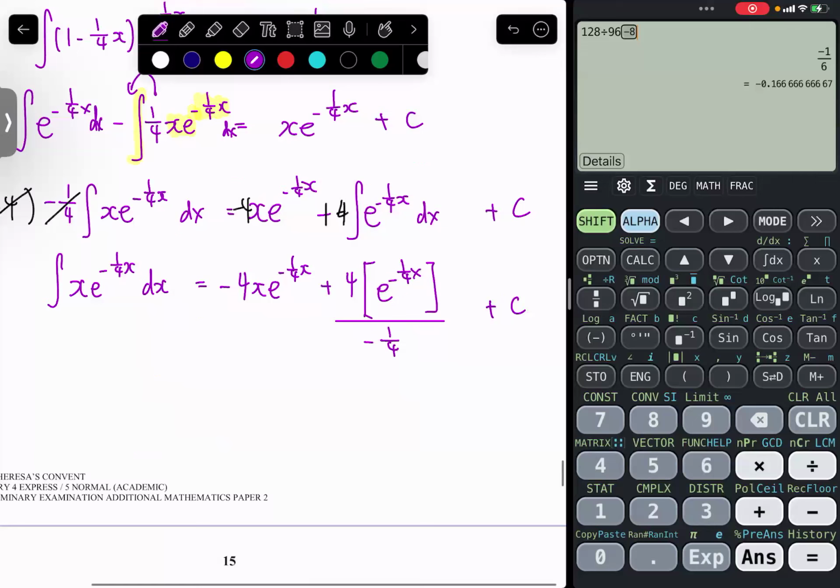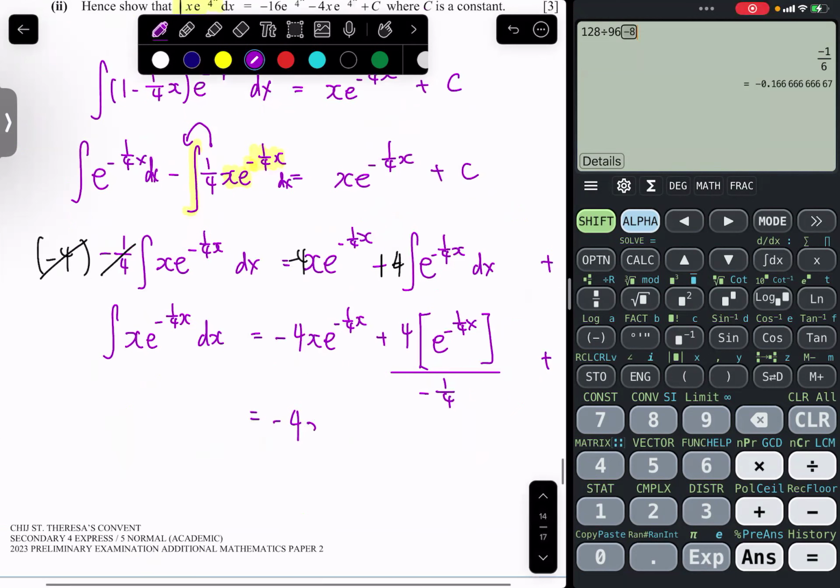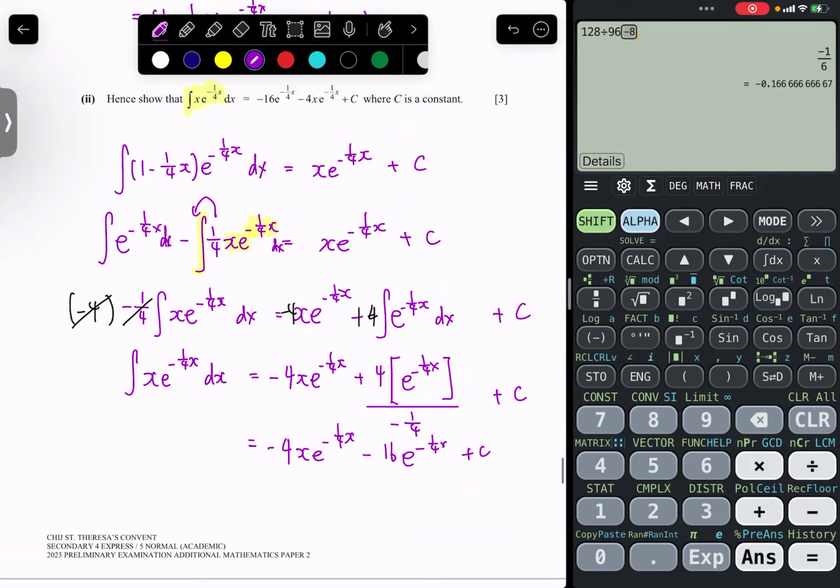So 4 divided by negative 1/4 gives negative 4x e^(-1/4 x) minus 16 e^(-1/4 x) plus c, which we can arrange into negative 16 e^(-1/4 x) minus 4x e^(-1/4 x) plus c, as shown.